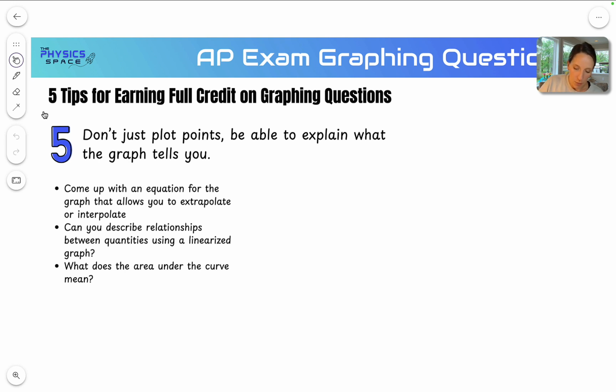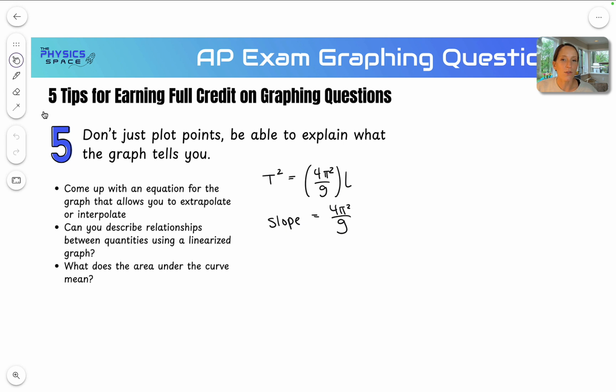So for example, if we go back to one of the questions in this sample problem, which was to come up with an experimental value for g: if I know that t squared is equal to 4 pi squared over g times L, so my slope is equal to 4 pi squared over g.